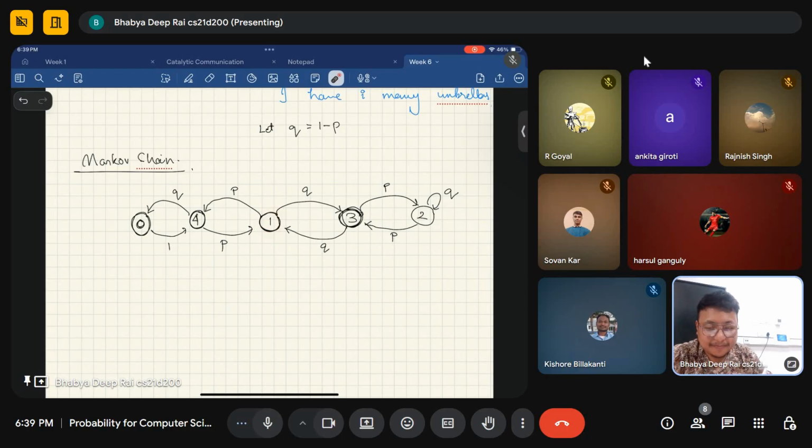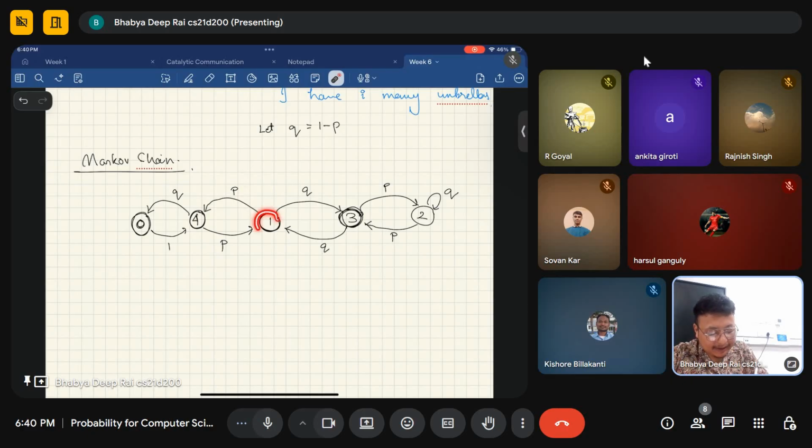So whenever I go to the office, it's either raining or not raining. It rains with probability P. So if it rains, I need to take this 1 umbrella with me to the office where there are 3 umbrellas. Then the total number of umbrellas in the office is 4. With what probability? P, because P is the probability with which it will rain, and therefore P is the probability with which I will take an umbrella.